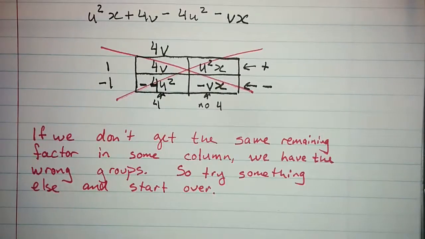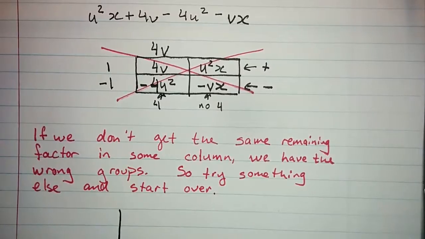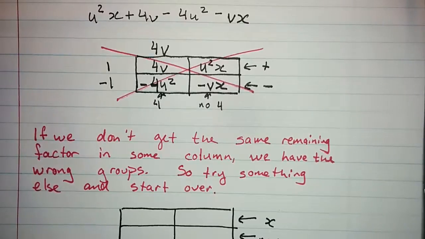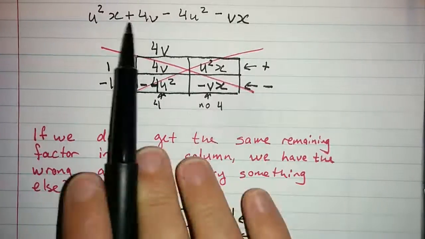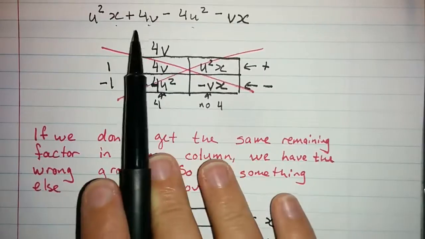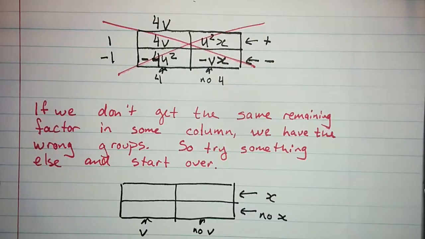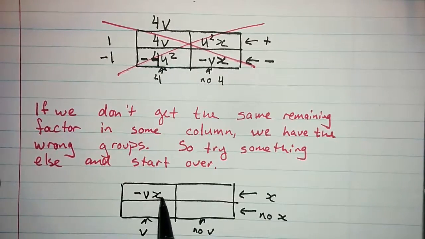So I'm going to just try something different. Maybe I want to group by x versus no x. So x versus no x, v versus no v maybe. So then my terms will be, the term with an x and a v is negative vx.